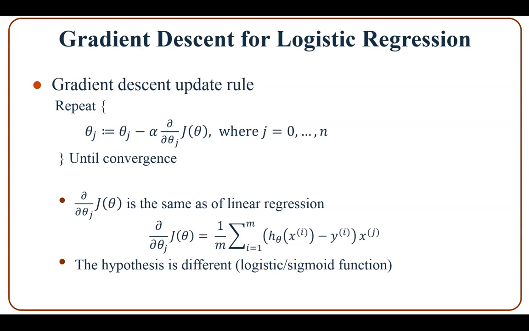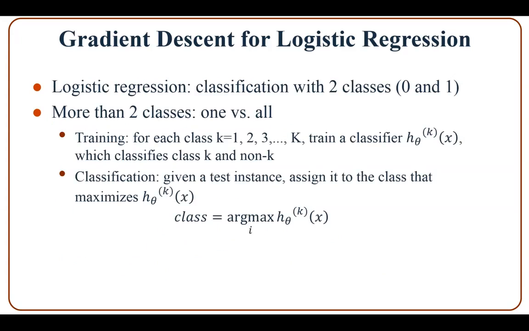Just by looking at this, you can see the algorithm is very much the same as in the case of linear regression. The only difference is the hypothesis is different, because here we have the logistic or sigmoid function. So basically, logistic regression is a classification problem with two classes, 0 and 1.